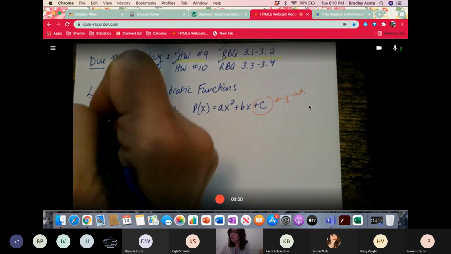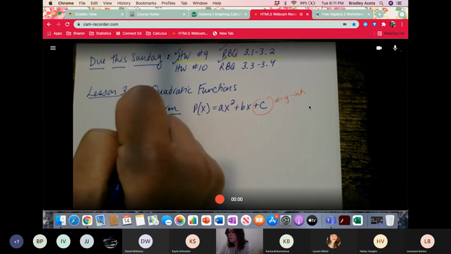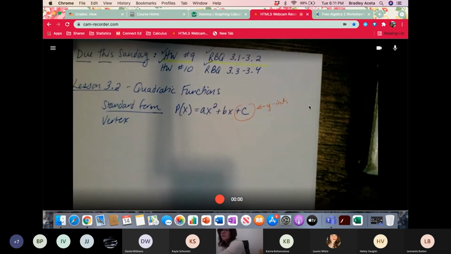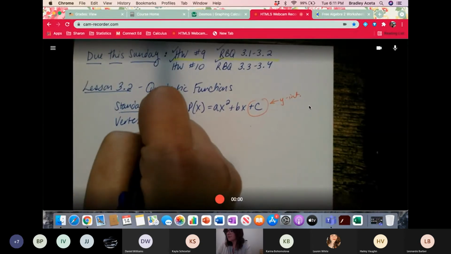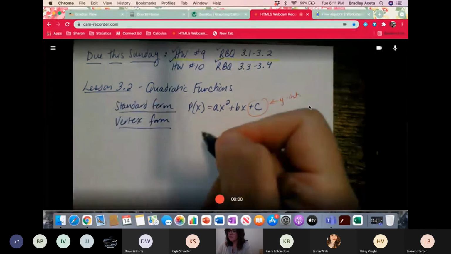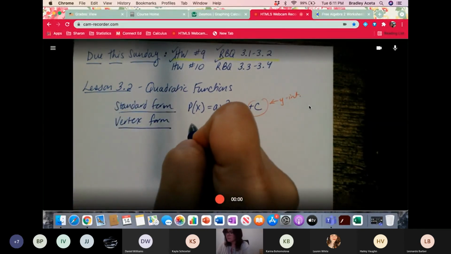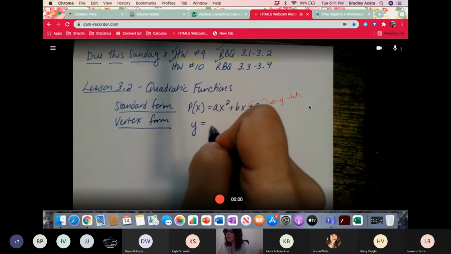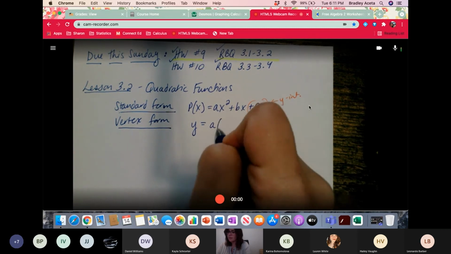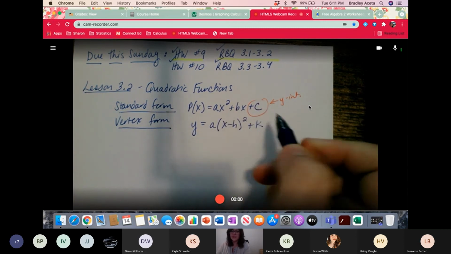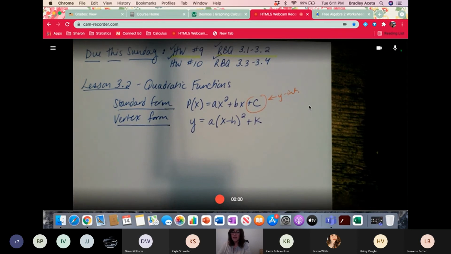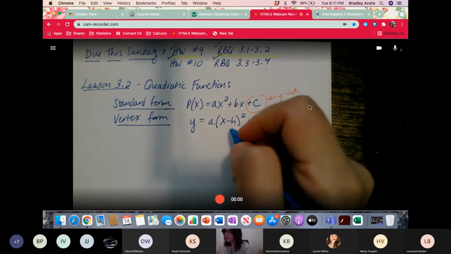Now, there is another form called vertex form for a quadratic. Ooh, my dog is going crazy and moving my camera. The vertex form, I'm going to write y equals a parenthesis x minus h squared plus k. And the h and the k are known as your vertex.